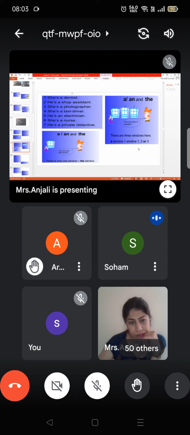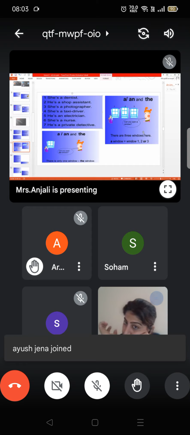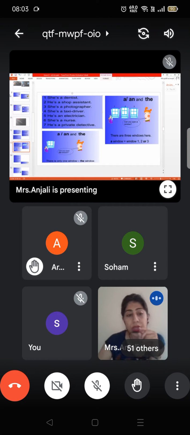Okay. Now see there are options of three windows. If I want to mention one window from those three windows, I will use a. There are three windows here. I will mention it as article a if I am given options of many. Now on the other hand, if there is just one window in your home, there is only the article the which you use there. It is only one window.